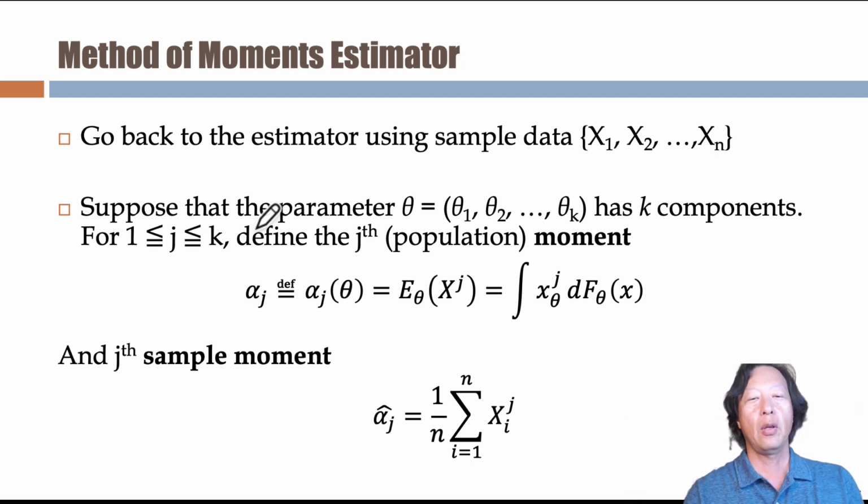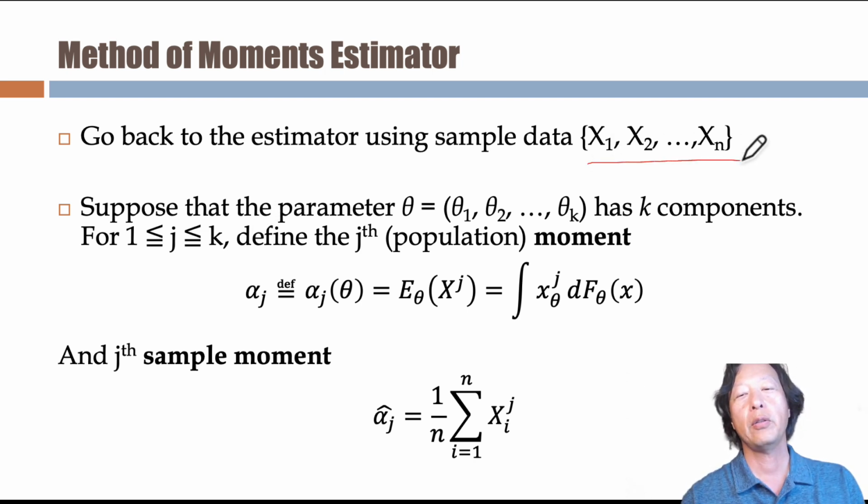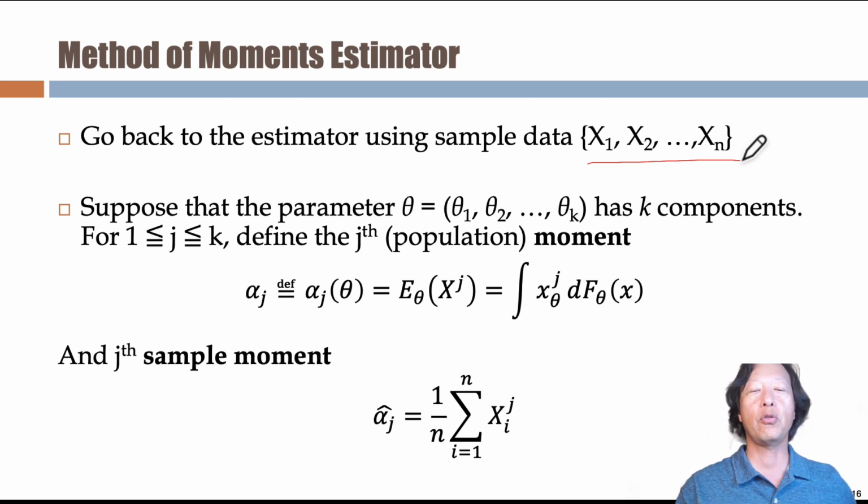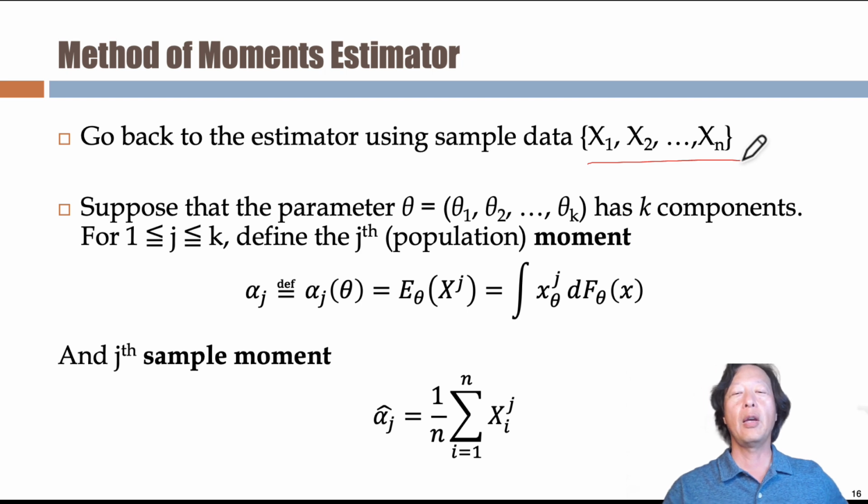So we will estimate our population parameters using sample data. Suppose some distribution has one parameter, some distribution has two parameters, three parameters, right? Let's say we have k parameters.